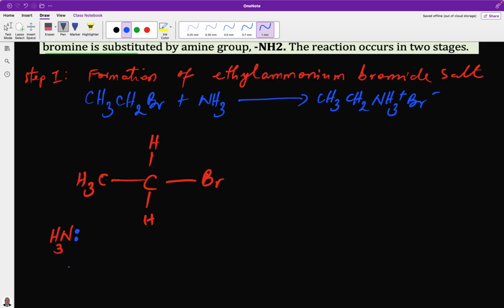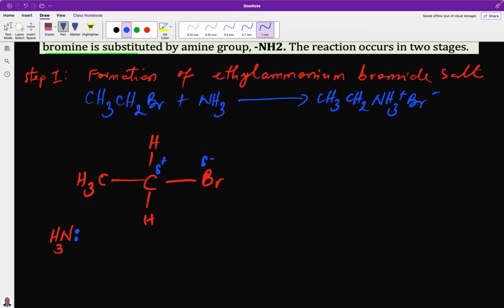So all of them having lone pairs of electrons can act as nucleophiles. Okay. Now, remember this molecule is polar. Carbon is partial positive, bromine partial negative.